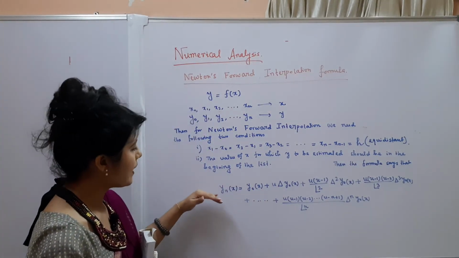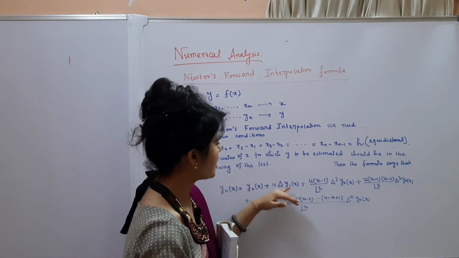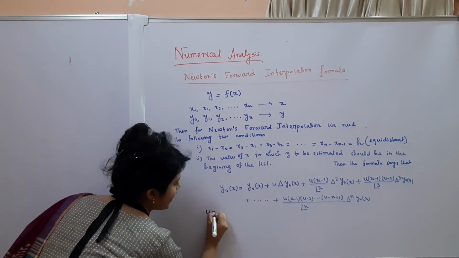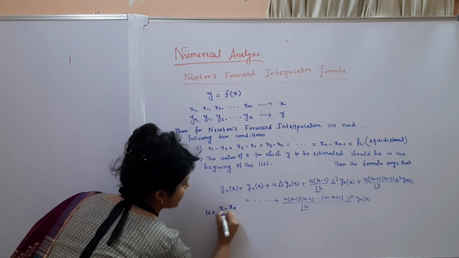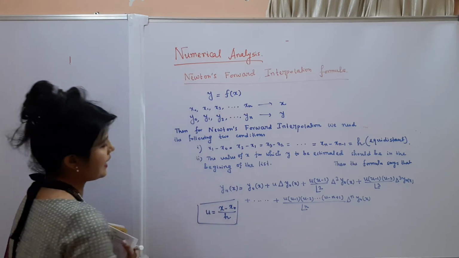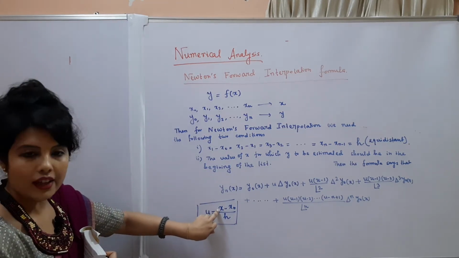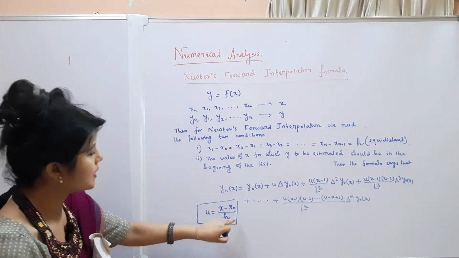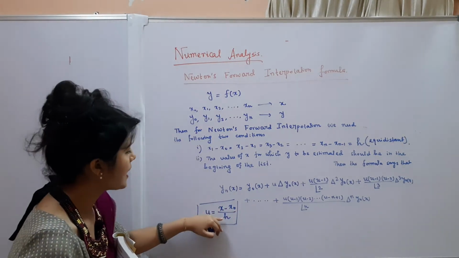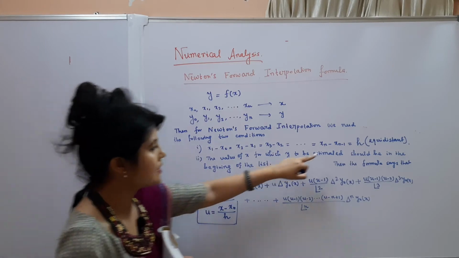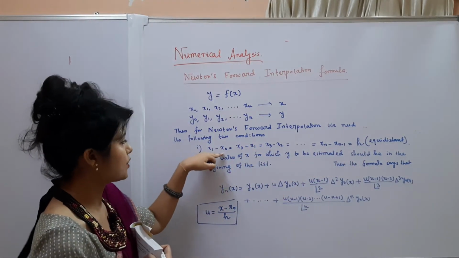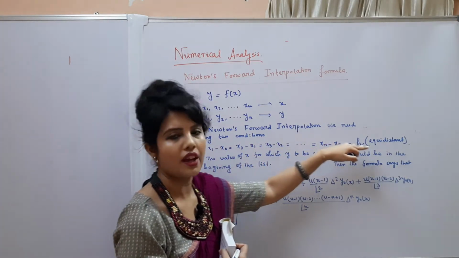So y_n(x) equal to y0(x) plus u into delta y0(x). Now what is u? u is equal to (x minus x0) by h. This x is the value of x for which y is to be estimated. This x0 is the topmost value of x, and h is the equidistant value, where x1 minus x0, x2 minus x1, they are all h.